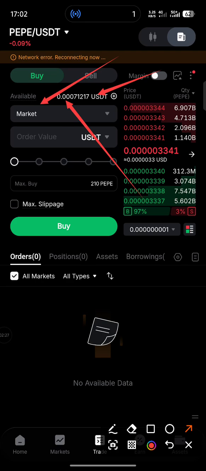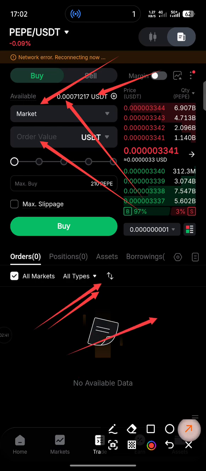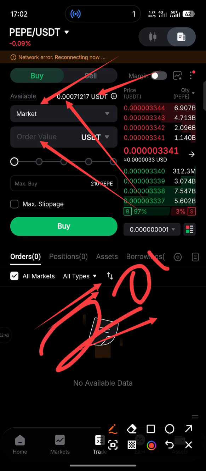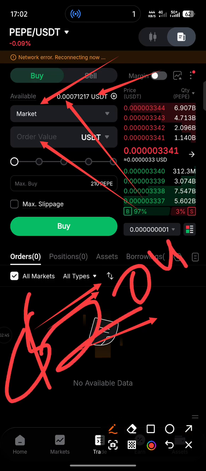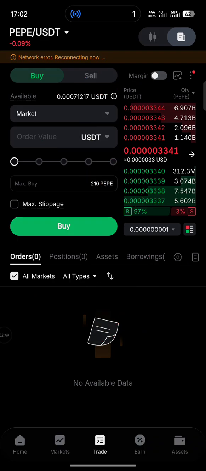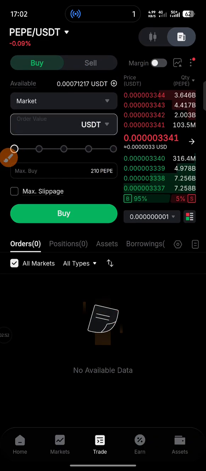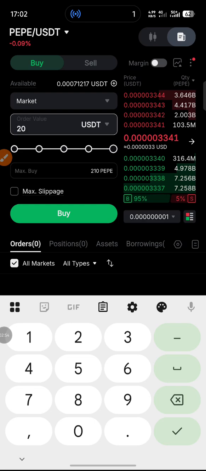The next thing is to come to this place to input the number of USDT you want to trade with, which I said is 20 USD. All you need to do is input your 20 USD here.